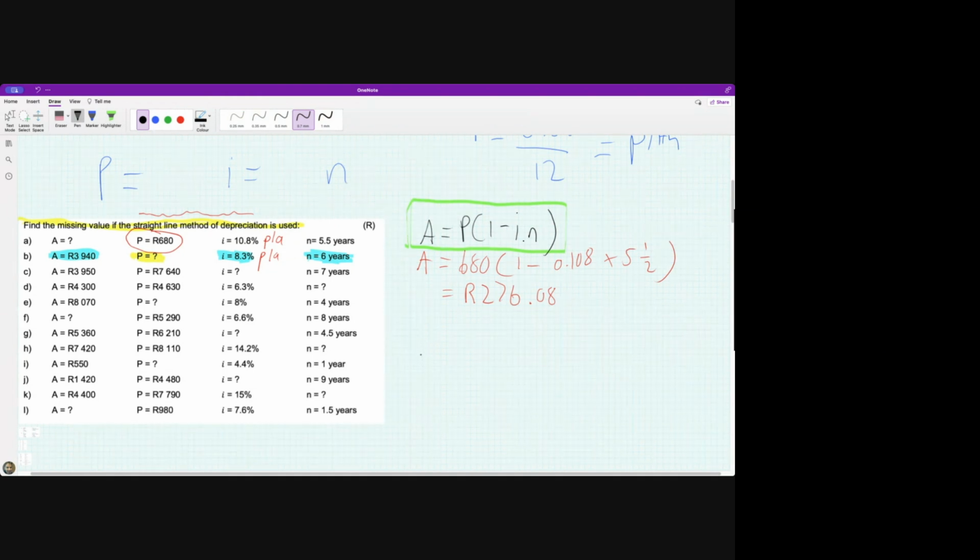So what do we have to do different? So my biggest problem now is I need to figure out what P is.